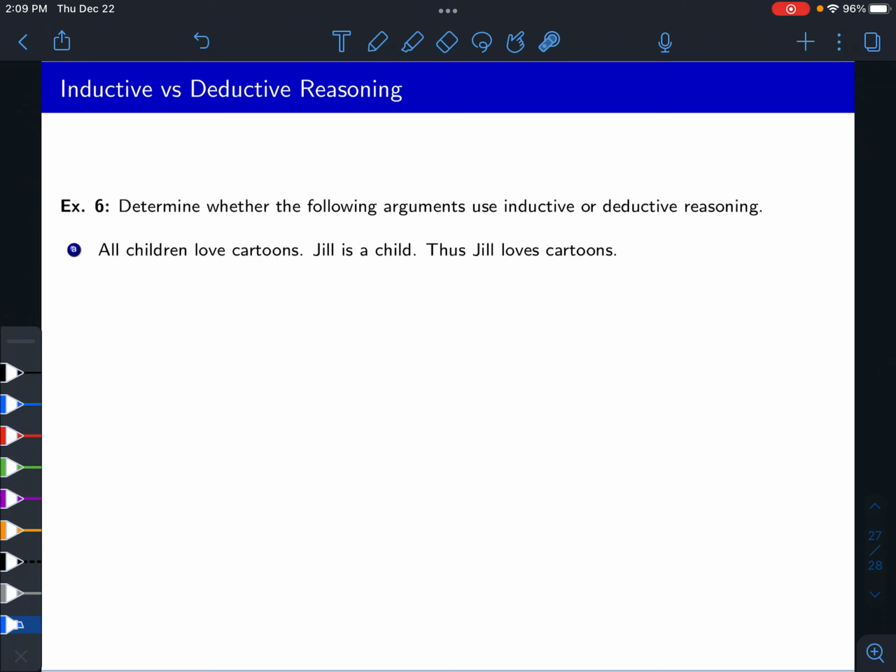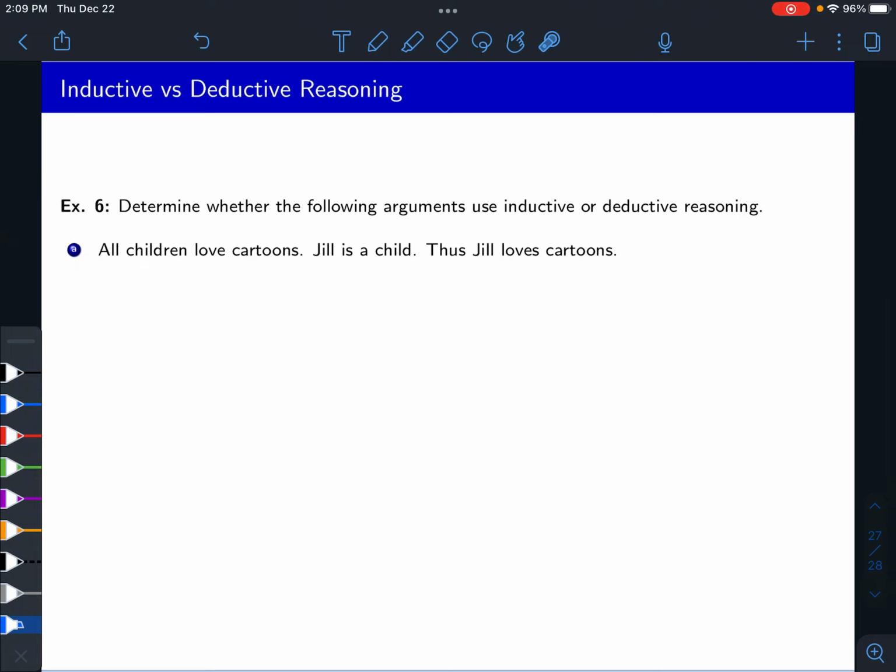So if we are being told the information that all children love cartoons, and Jill is a child, then we can conclude that Jill must love cartoons.